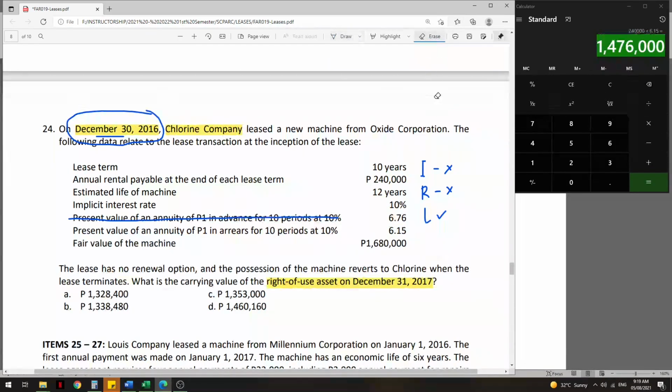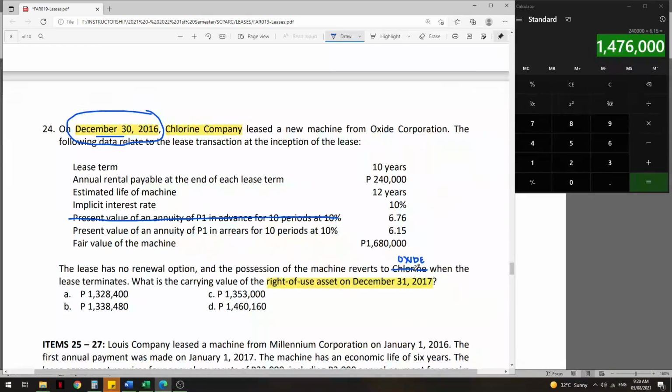The next hurdle of this problem is to determine the depreciation. And to that, I will need to correct a small error in this problem here because this one should not be chlorine, it should be oxide. Okay? Pardon me for not correcting this before the video recording.